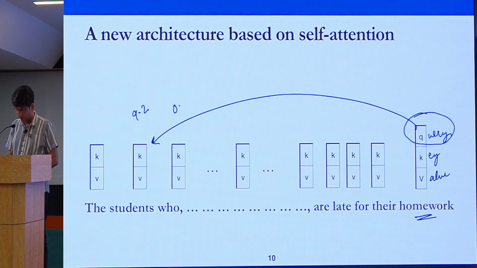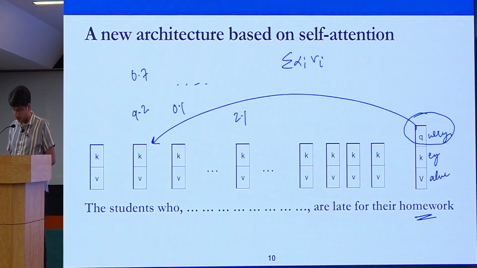Similarly, you get other numbers like 0.1, 2.1, and so on. You take a softmax and convert it into probabilities like 0.7 and so on. Then based on these attention values, you take the weighted average of all these values.